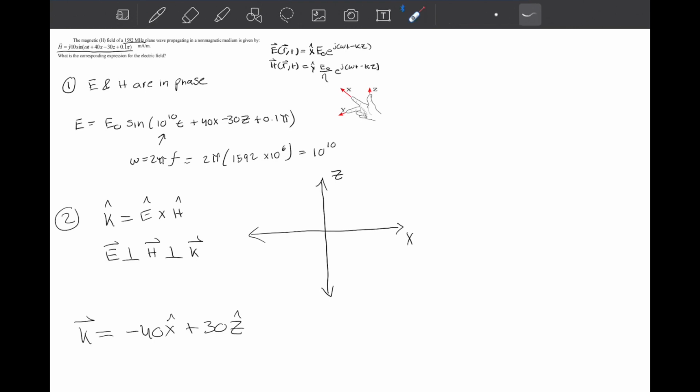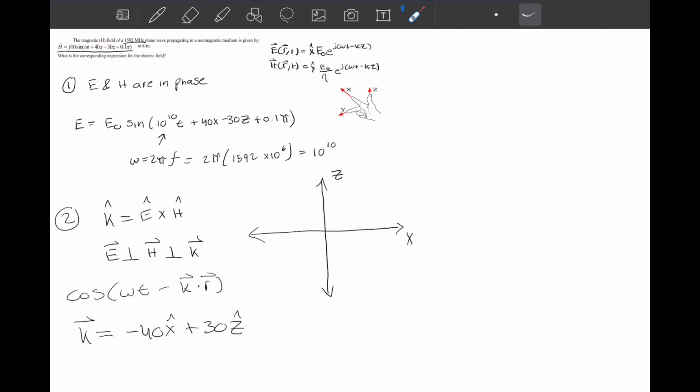Now you may be wondering why our propagation here has the opposite signs as our propagation here. And this is due to the equation of cosine or sine omega t minus k dot r. So pretty much since we have this minus sign, this basically tells us that we have to flip whatever is given to us.